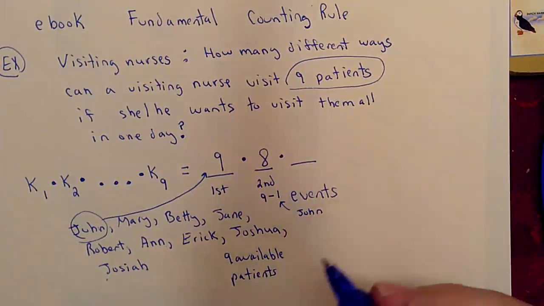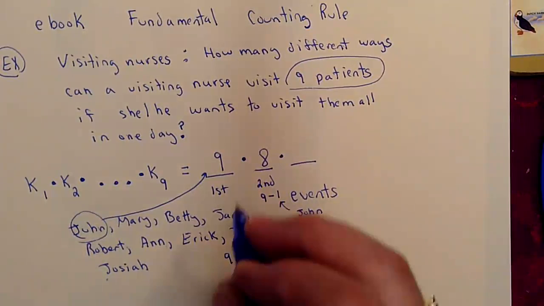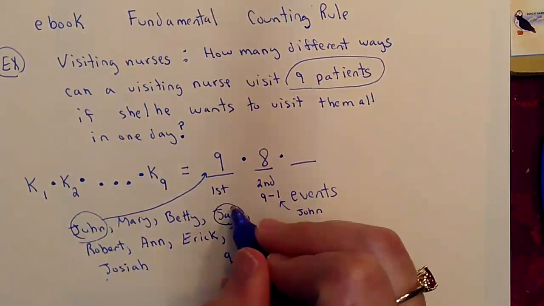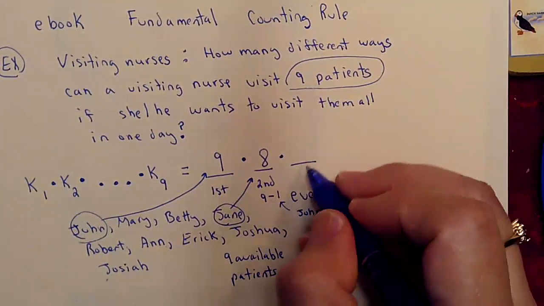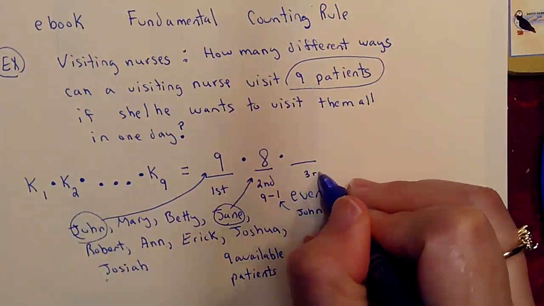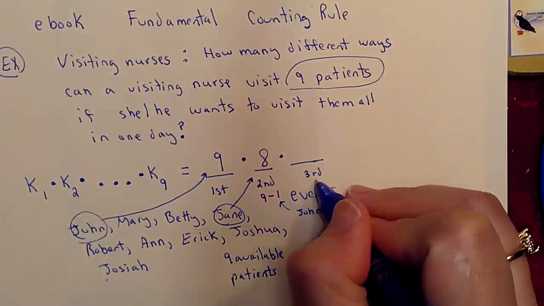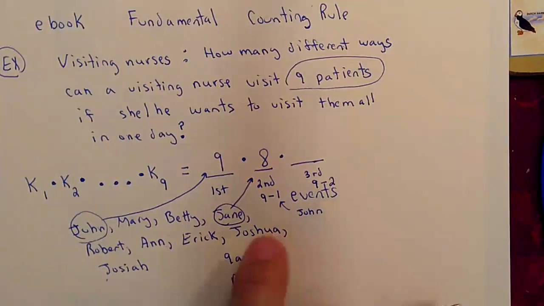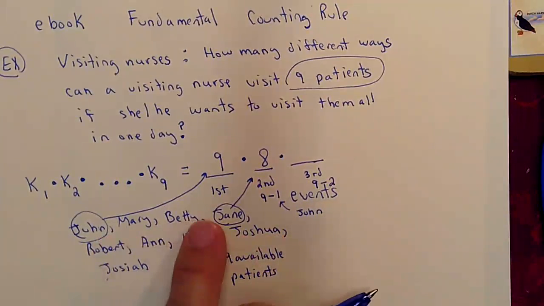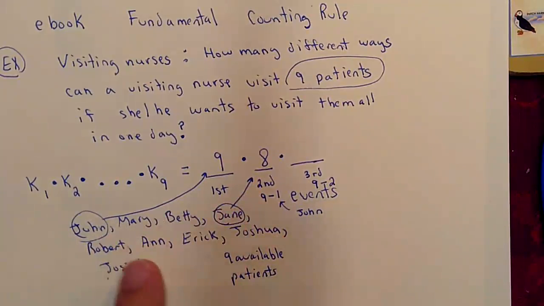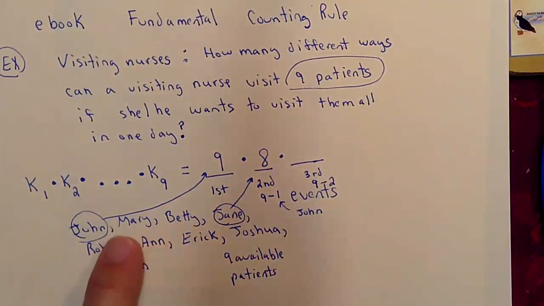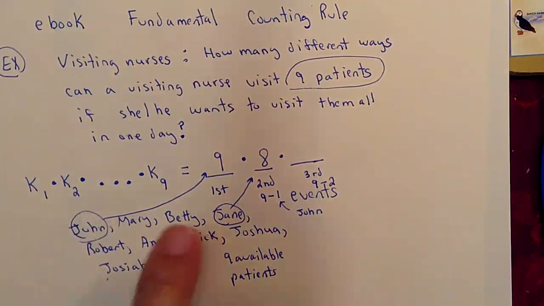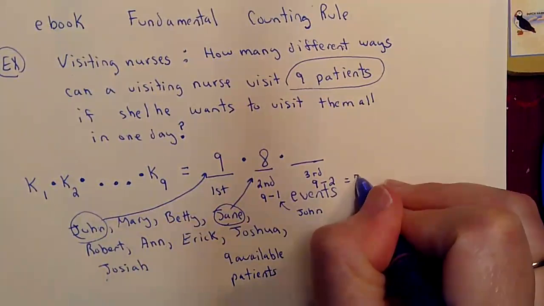Then let's say on the second event you saw Jane. Now you get ready for the third event. Now you have 9 minus 2 because you're not going to go back and visit John again, and you're not going to go back and visit Jane. You're trying to visit everybody first. So no going back to the same person. So minus John, minus Jane. So 9 minus 2 is 7.